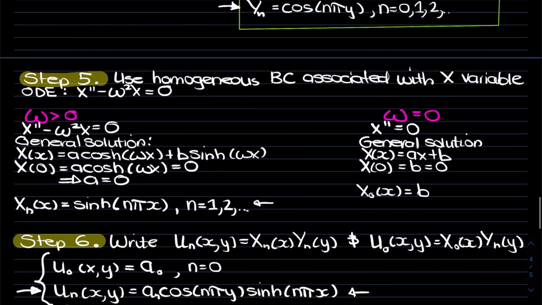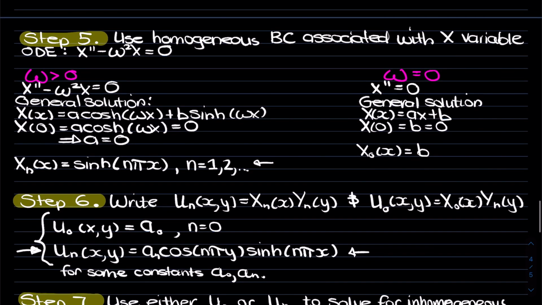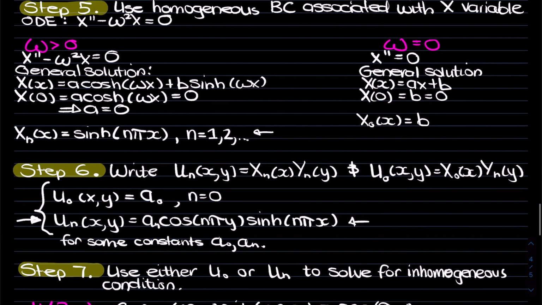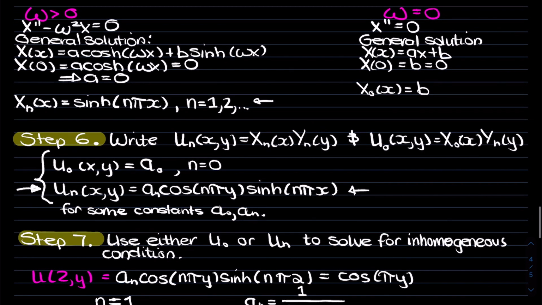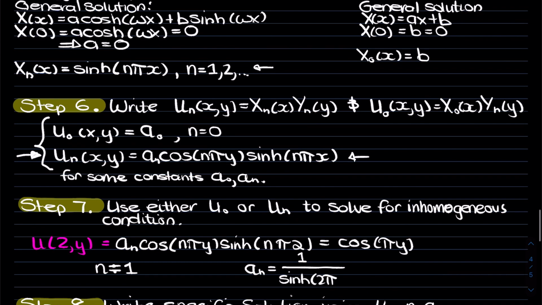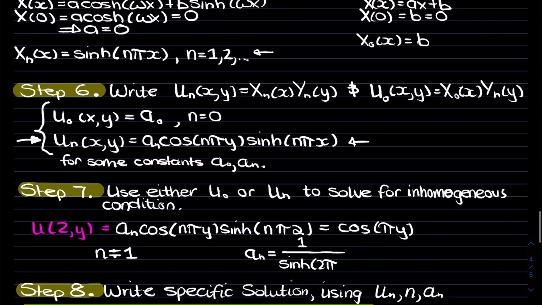In step 5, we get the homogeneous boundary condition associated with our other variable. In this case, it was x. We need to consider the 2 cases for that as well. We have lambda greater than 0 and lambda equals 0. Step 6 was to multiply those x times our y to get our u, because in our second step, we assumed that the solution took this form, so we're just putting it back together in this form.